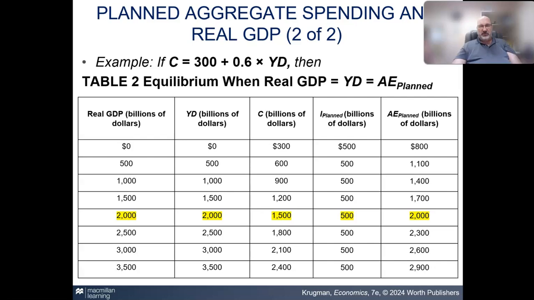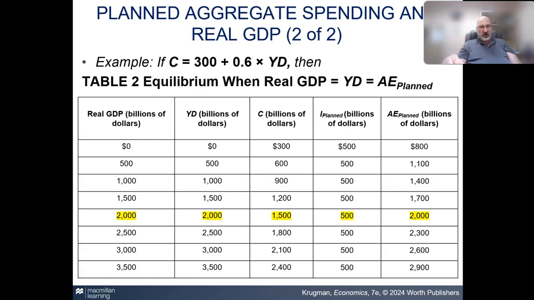So what does that mean for employment, incomes, and all of that? Well, the firms are going to have to hire people to produce more stuff. So unemployment is going to fall, incomes are going to rise, and GDP is going to rise. That's what you need to know for that.